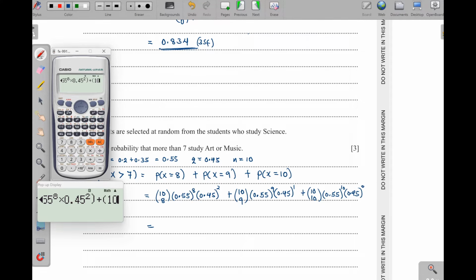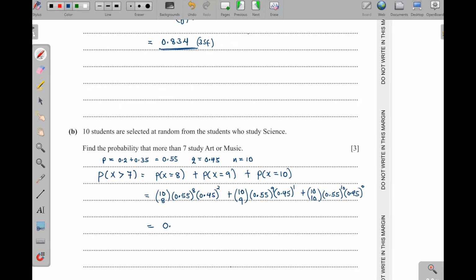That is 10 times 0.55 power 9, and then times 0.45 to the power of 1, and then lastly 10 combination 10, that's a 1, 0.55 power 10, and then 0.45 power 0, that's a 1. So we get 0.0996 to 3 significant figures. That is that. Question 3.